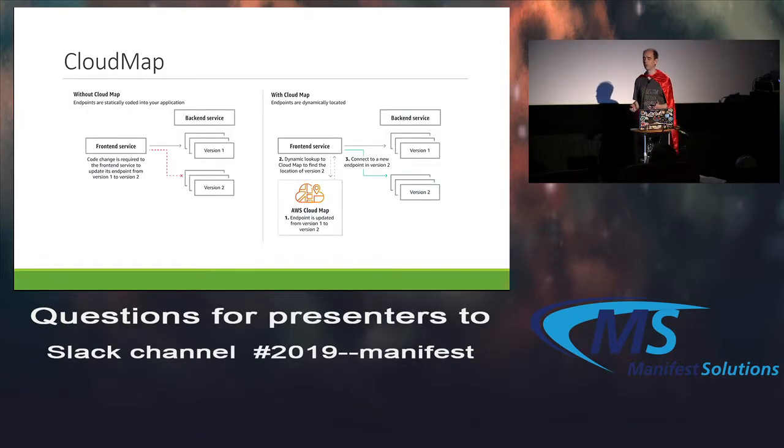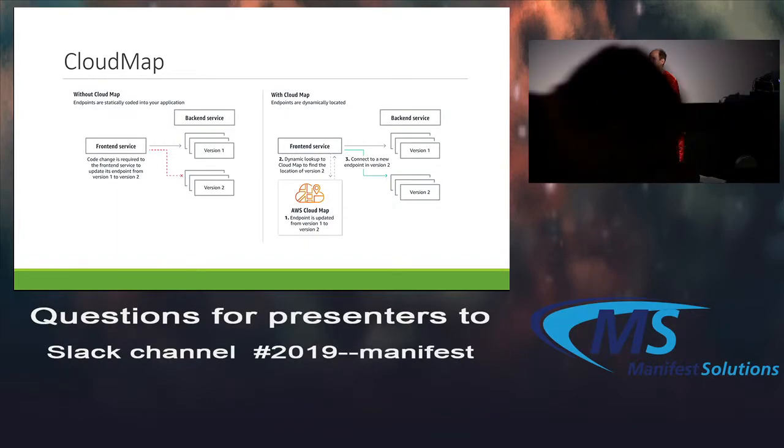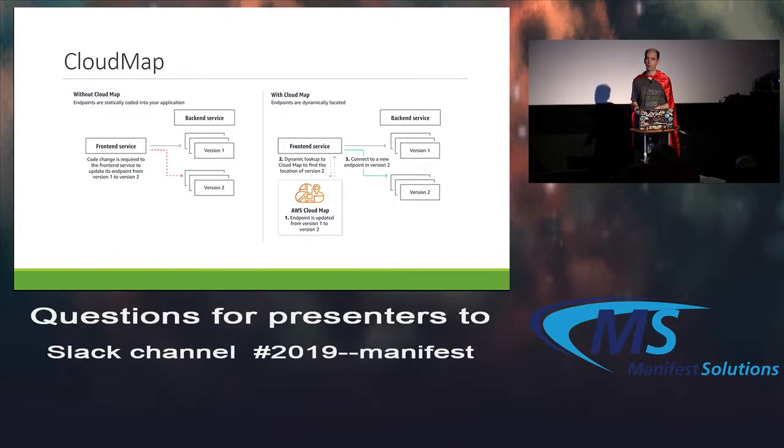Now, how does that look? This is a diagram from AWS. It's really just giving an example of static versus dynamic lookups. So in the first example, the front end calling the back end has been statically configured to talk to version 1, and you now want it to talk to version 2. So it's a configuration change and a deployment in order to get it to talk to the second version. Now, once you've got CloudMap in the picture, you're going to be looking up every time you want to make a call to say, what version should I call?